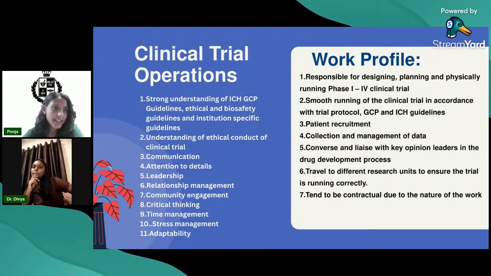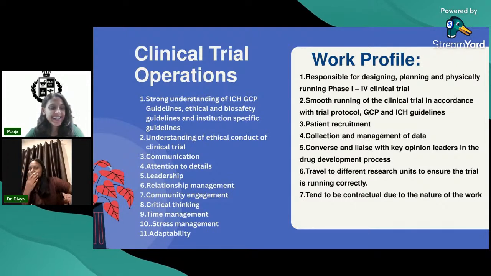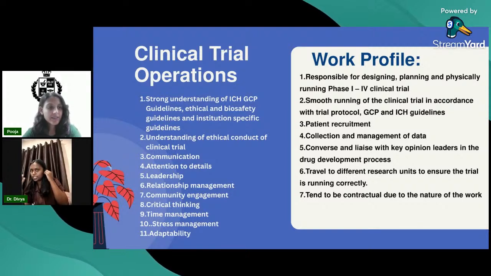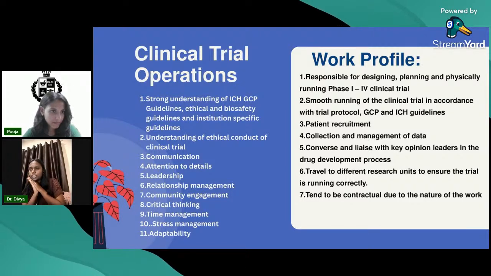If they take the drug and go for their daily job, is it the right thing to do? No, absolutely you should not. The screening and recruitment of patients is the responsibility of these people.